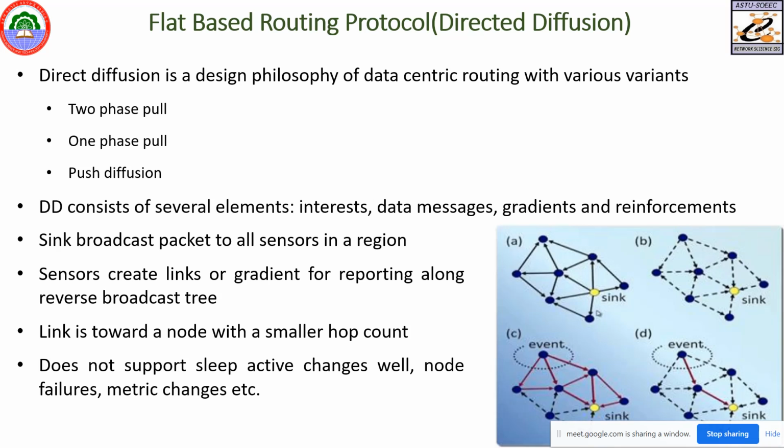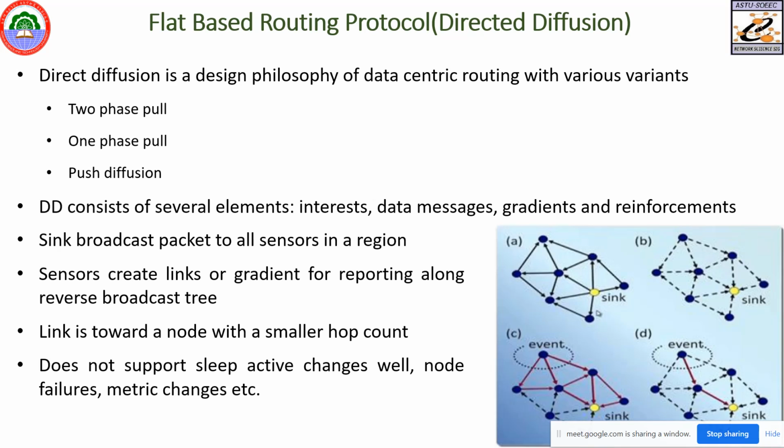But direct diffusion is very useful only when we have a limited number of nodes. We cannot use the direct diffusion approach when a larger number of nodes are deployed. If an event has occurred around any particular node, this node is going to report along this path, and the report has to be transmitted through the same path.